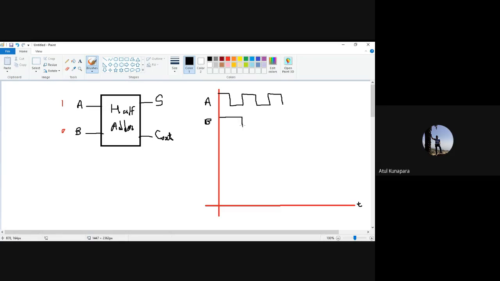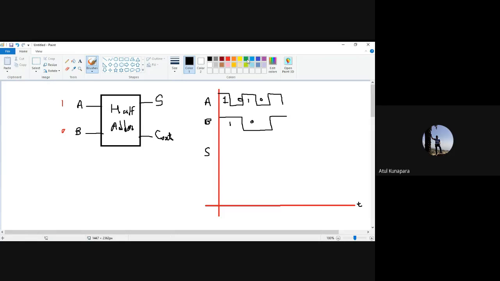Suppose it is like this. So what do you mean by this? Here logic 1 is there, here logic 0 is there, right? Likewise, here is 1, here is 0. Same thing, here is 1, here is 0 for the signal B. So these signals we are plotting here with respect to time. And now if you want to plot your sum output, that is what we are getting at the output of this half adder, what will that be?